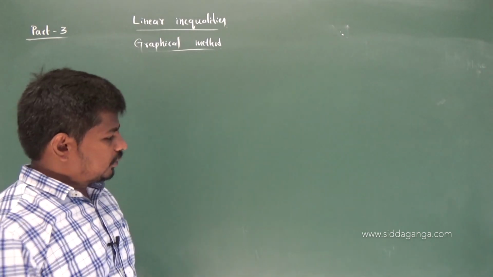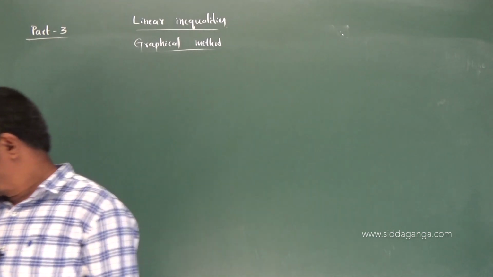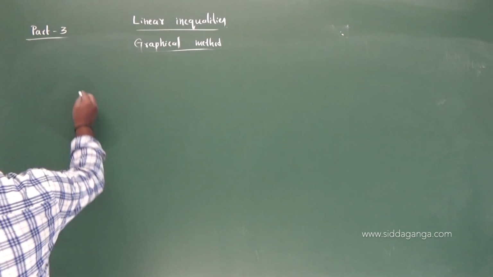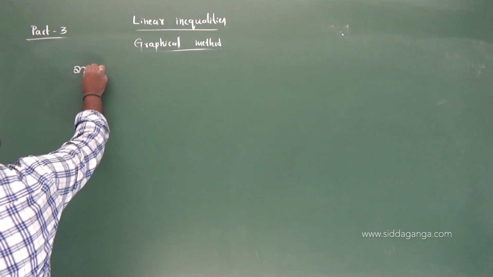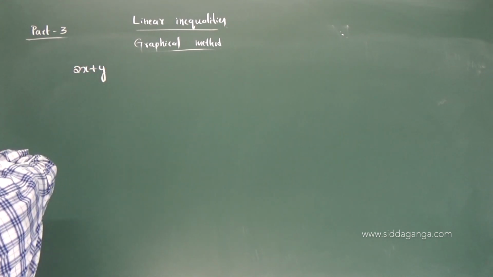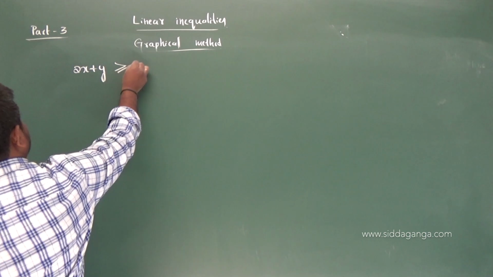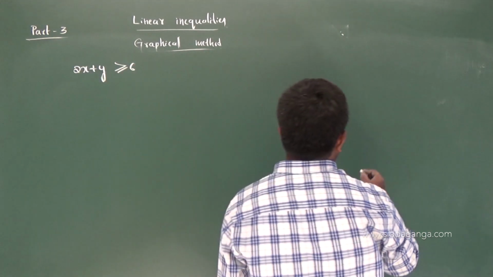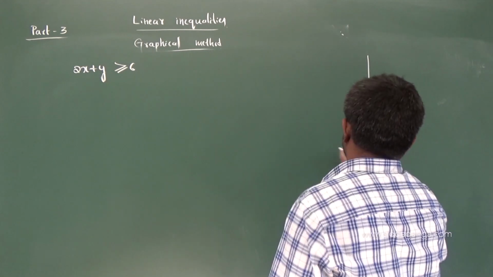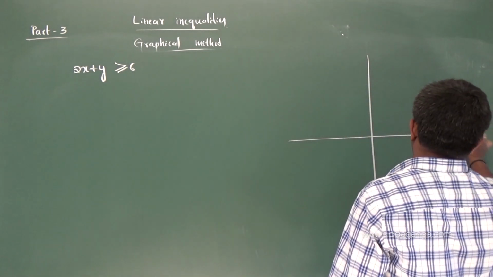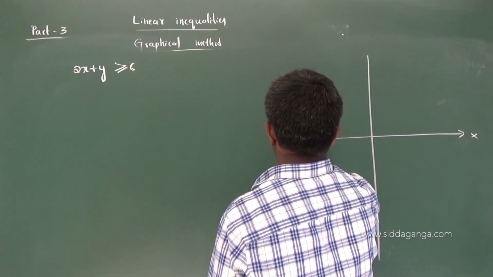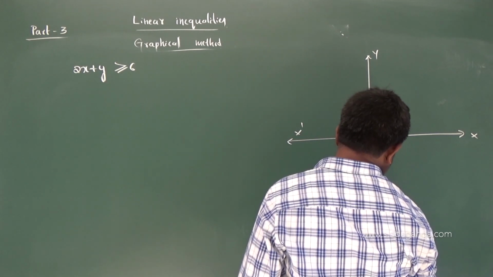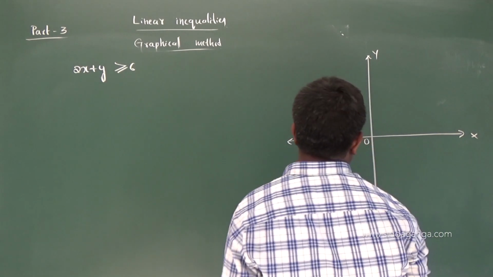Okay, now let's move to the second one, that is 2x plus y is greater than or equal to 6. Same as before, first you draw the line.